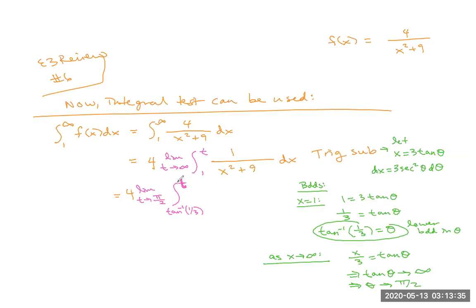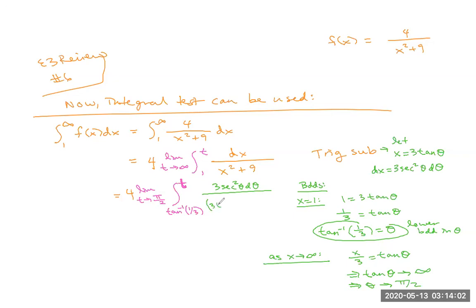Okay, so now remember here, we have to figure out what dx is, and I'm actually going to change my format right here so that I don't have to put dx on the side. Okay, so dx is 3 secant squared theta d theta.